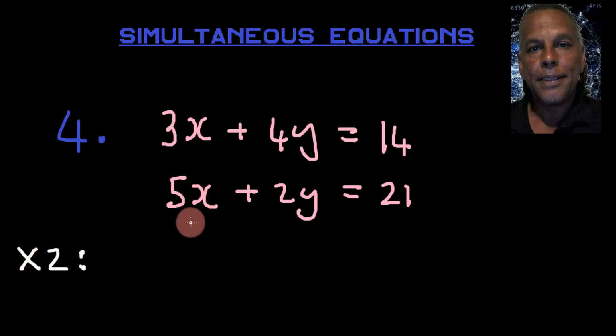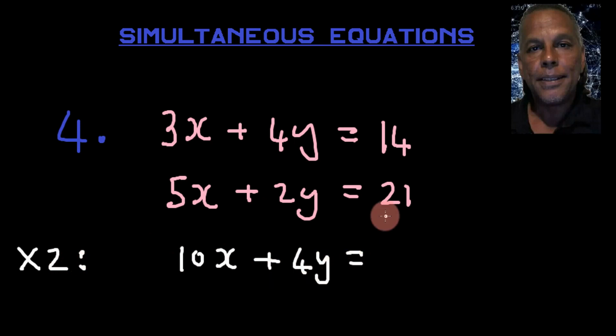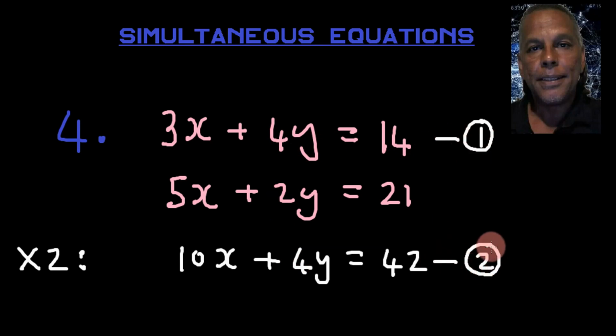So 2 times 5x plus 2 times 2y equals 2 times 21. Now we see that the coefficients of the y's are the same. We can call this equation 1 and this equation 2.